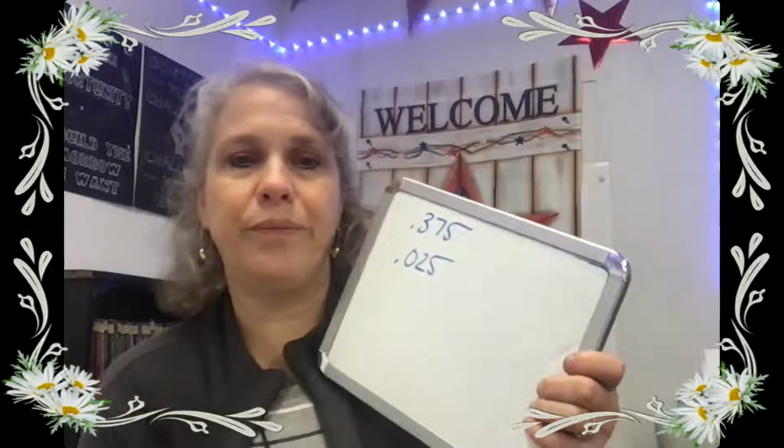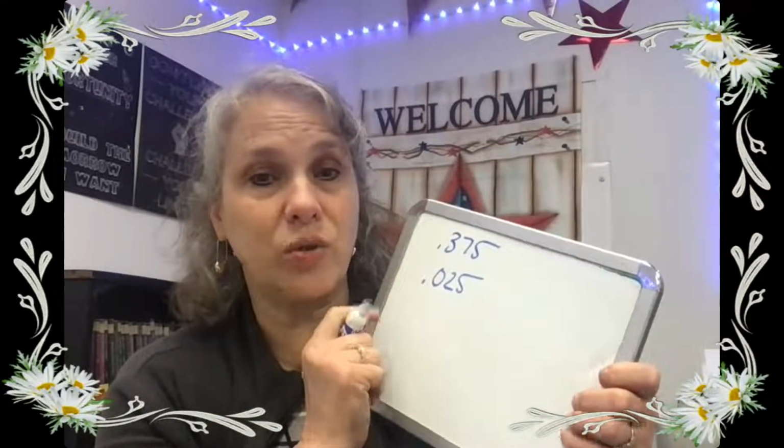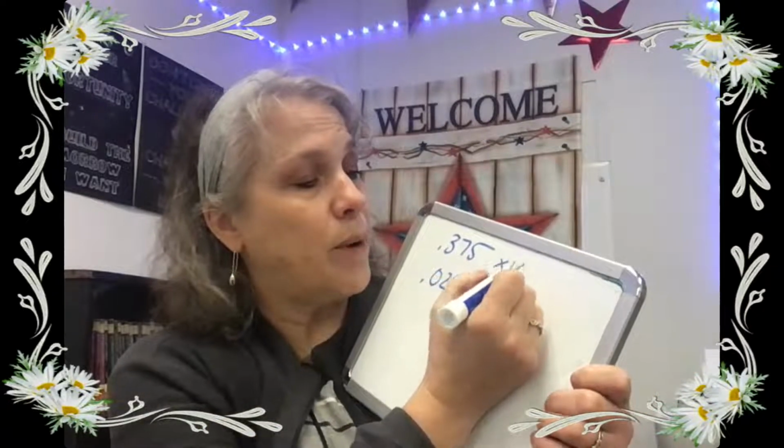Okay, so what if I had 0.375 or 0.025? Every time I have a decimal, I want to change it to a percent, I multiply by 100.